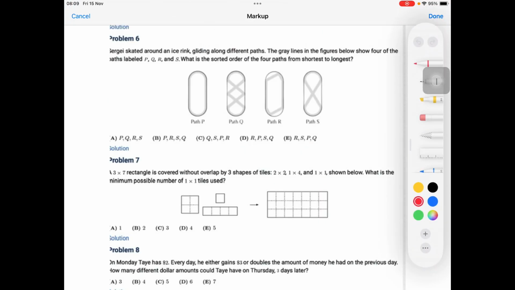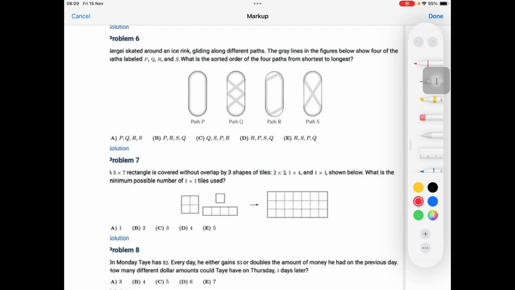Problem 6. So from here, Sergey skated around an ice rink, gliding along different paths, P, Q, R, S. The gray lines. Okay, so shortest to longest.